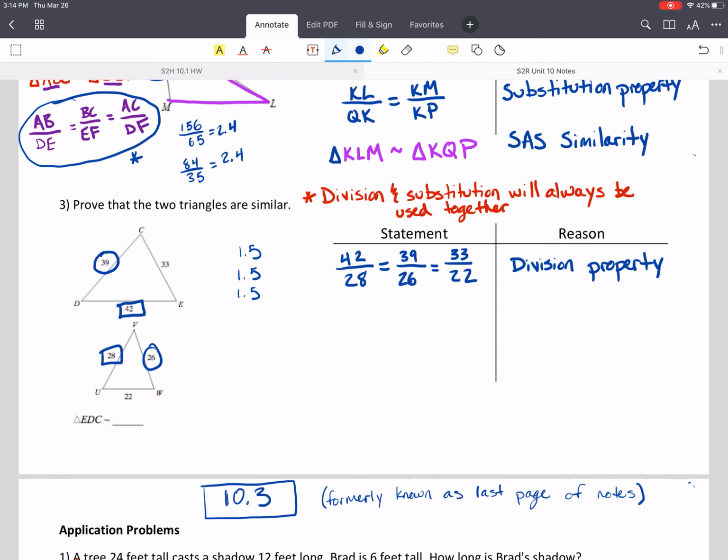Like this tip I just gave you, division and substitution are used together. So 42 represents side DE, 28 represents side UV, 39 represents DC, 26 represents VW, 33 is side CE, and 22 is side UW. And that's where we use substitution.